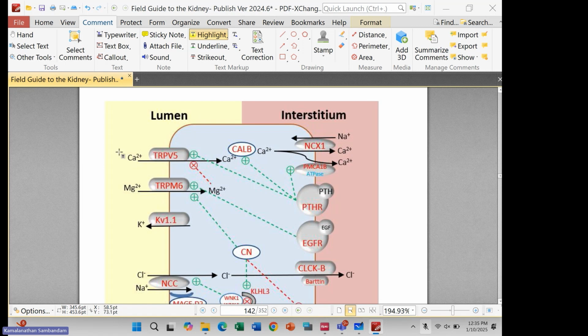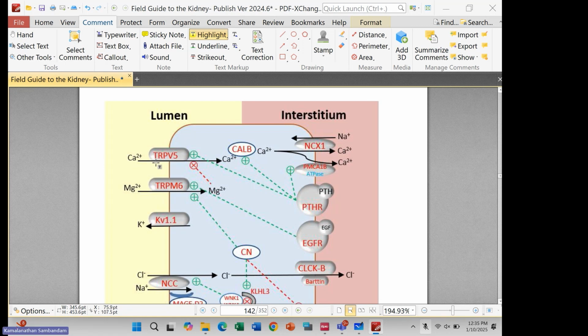Once again, in general, if I have a defect in the DCT, intracellular magnesium concentrations may be diminished, and so I would then expect to see a defect in calcium. I will expect to see upregulation of calcium reabsorption via TRPV5. Okay.